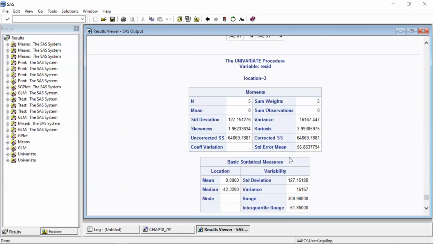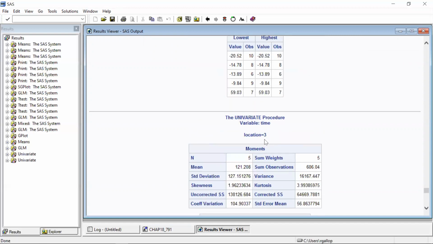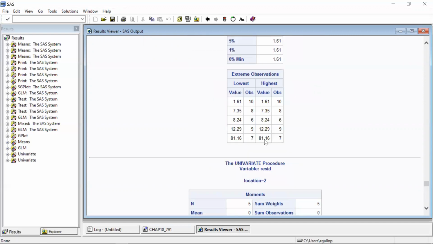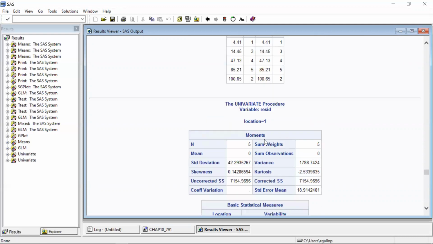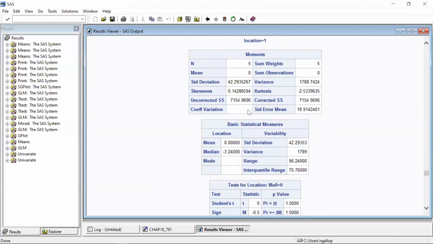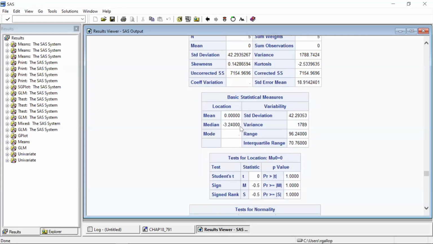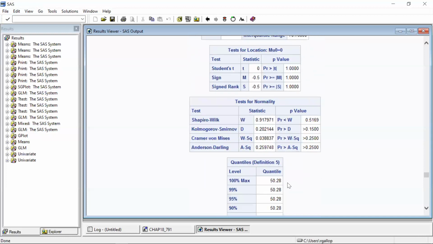again, I'm looking at the summary of the data as we go across and go to the top. So location 1, just looking at some of the information between the data, the median.